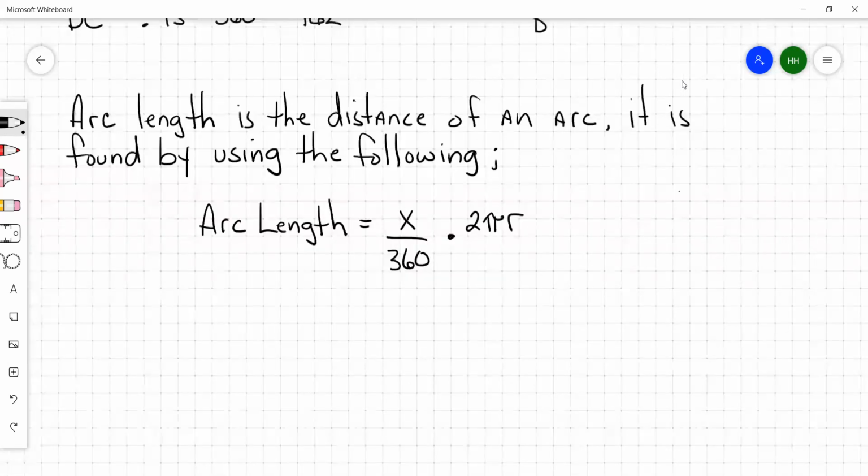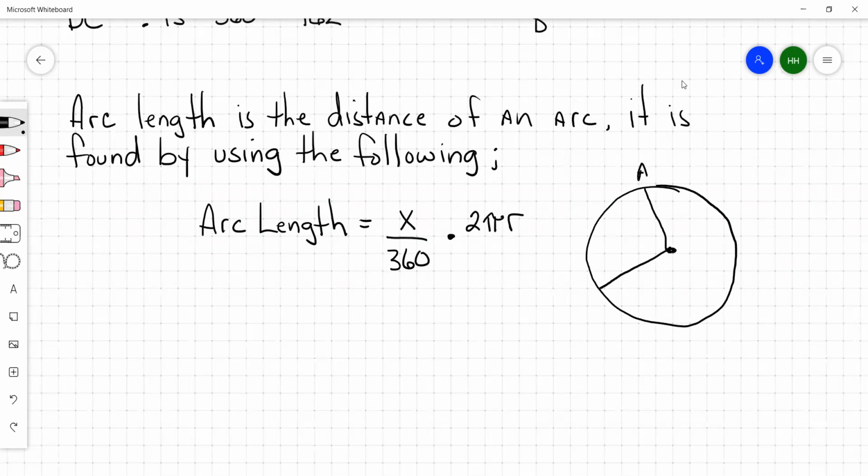Arc length. So let's say we got this picture here. And here's our radius.